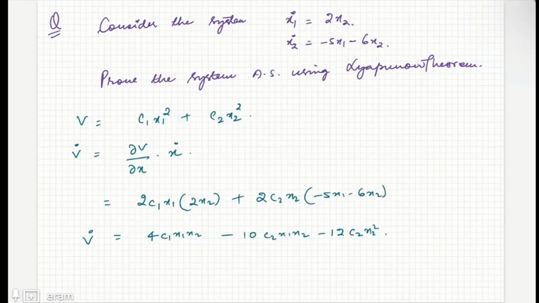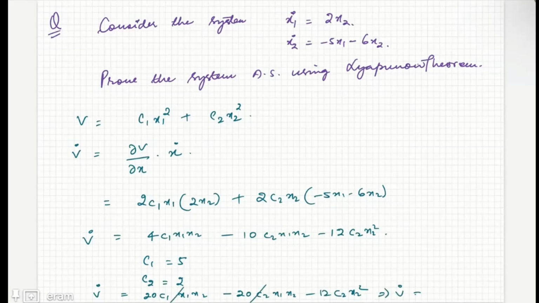So now the only thing that we can infer from here is that if c1 equals, let's say, 5 and if c2 is, let's say, 2, then V dot will be 20 x1 x2 minus 20 x1 x2 minus 12 c2 x2 square. That means we will get the derivative of V as some negative quantity times x2 square.